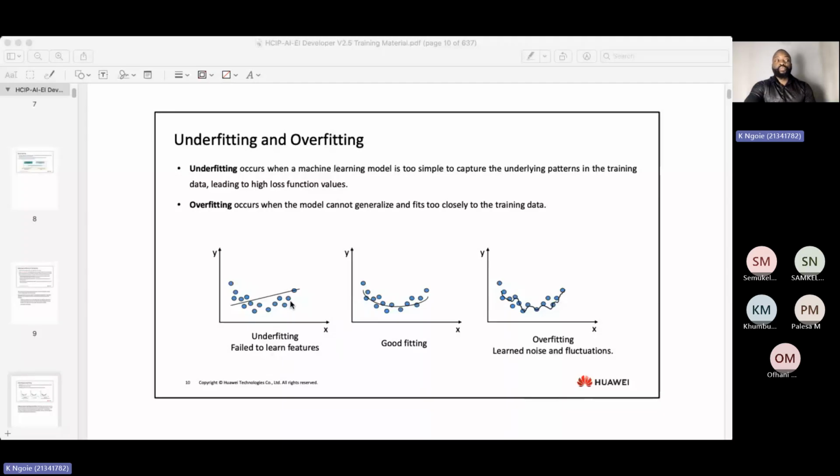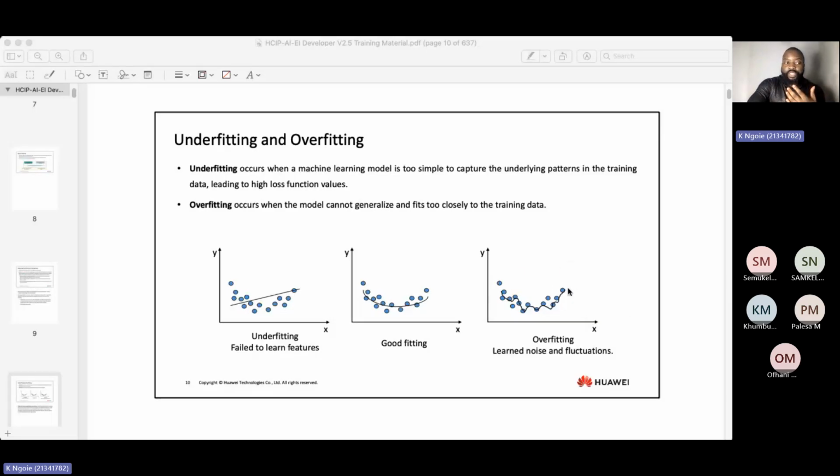But when you look at a good fit, it means the model is fitting the data. This is a good model. But overfitting means the model has learned so much noise. This always happens when you don't have enough data, but you are training, or sometimes you are training your model too much.